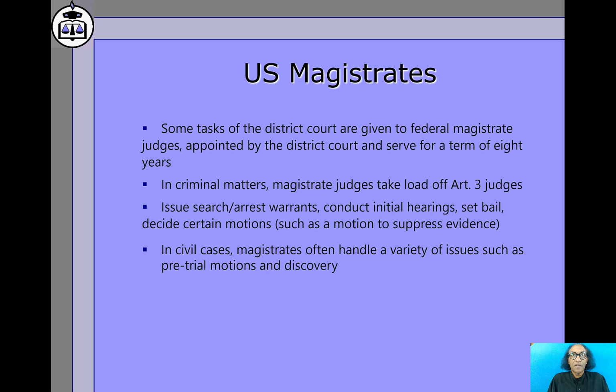Sometimes the parties will resist that, and so the magistrates will decide if it's discoverable, meaning that the material that's being requested is not protected by some kind of privilege. Which means that it doesn't involve something so private or a matter that is proprietary that the party does not have to yield and so forth.